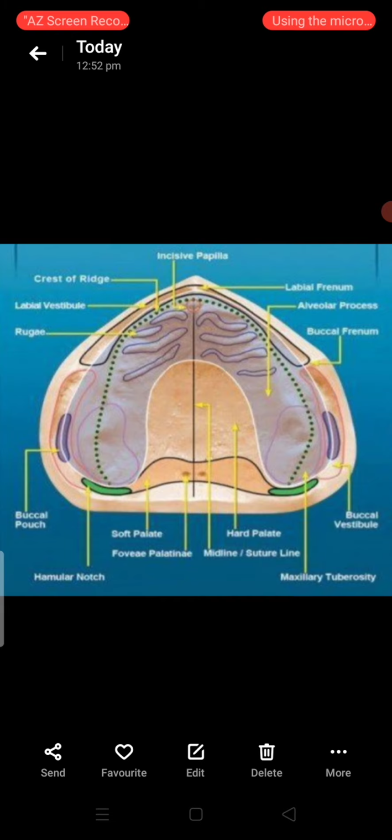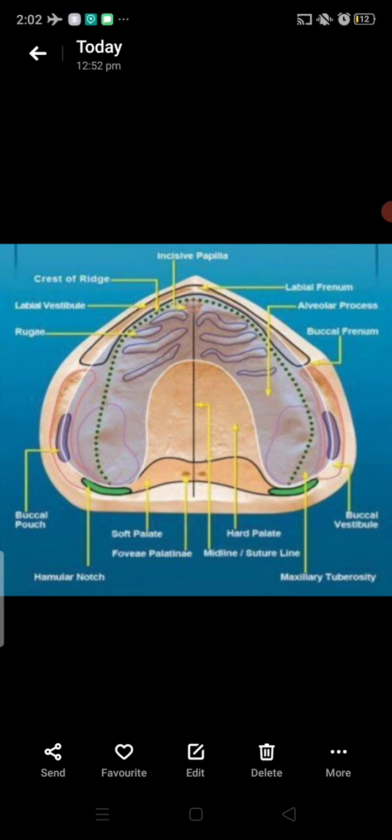Next are the buccal frenum and buccal vestibule, which are the buccal limiting areas. Then come to the posterior limiting area: the hamular notch and the posterior palatal seal area. Now come to the supporting areas.